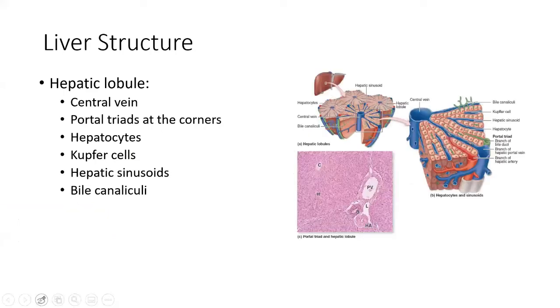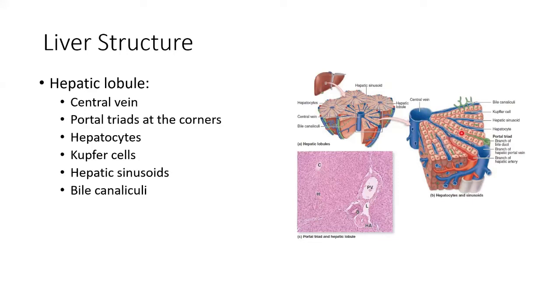So here you have a diagram. Here you have the portal triad with the branch of the bile duct, hepatic portal vein, and the hepatic artery. Here you have the common area of drainage of the portal vein and the hepatic artery. These are called sinusoids. So these hepatocytes are covered with sinusoids filled with blood. Okay?